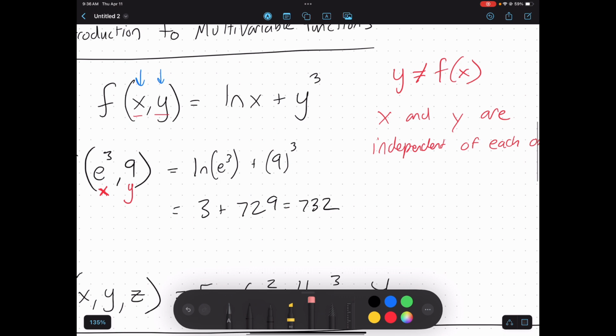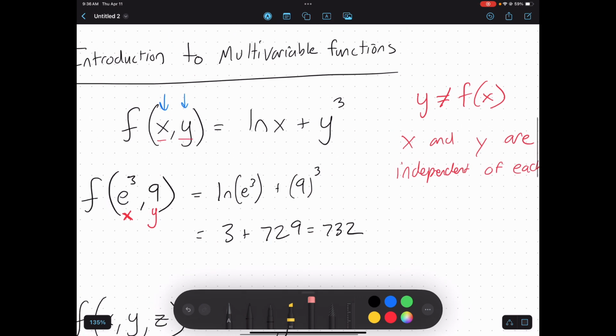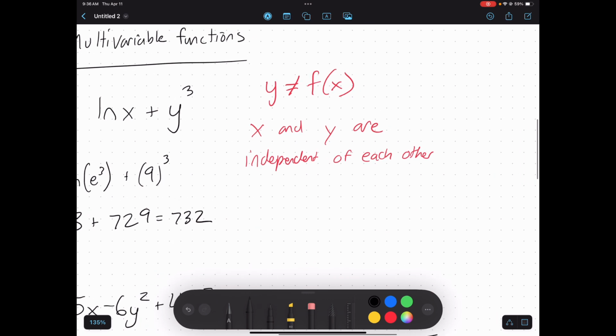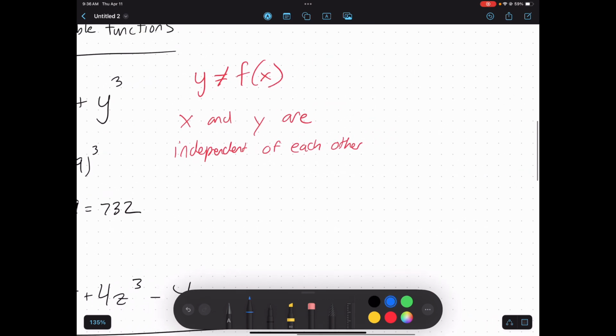So my domain for y is all real numbers, but for x, you can only plug in positive values. So my domain for this first example is x has to be positive, and the domain for y is all real numbers.